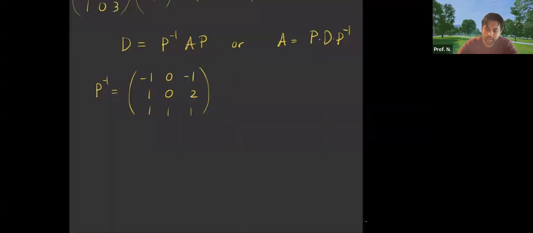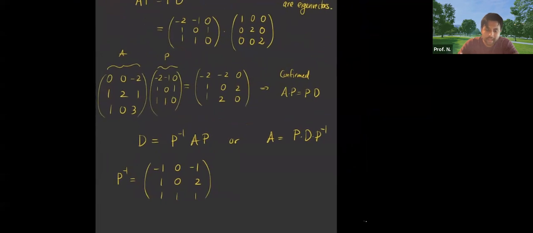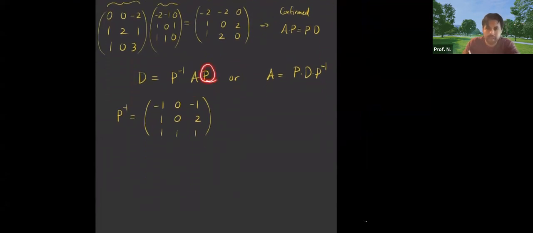So I found everything that I needed. So I can diagonalize my matrix by multiplying A with the matrix P and its inverse.